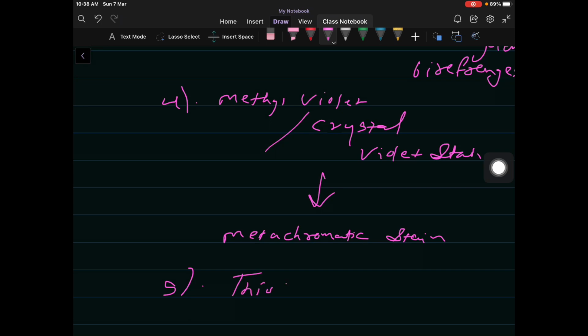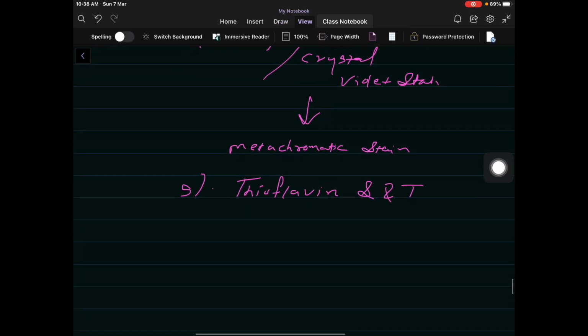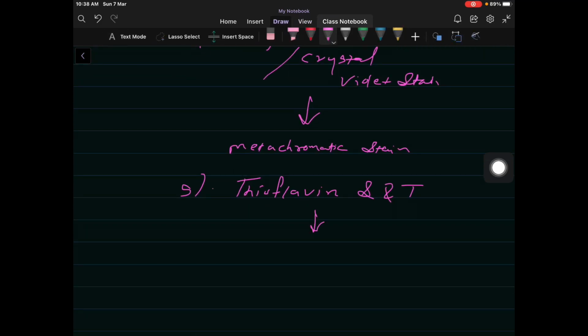The last one used is thioflavin S and T. It will give immunofluorescence.